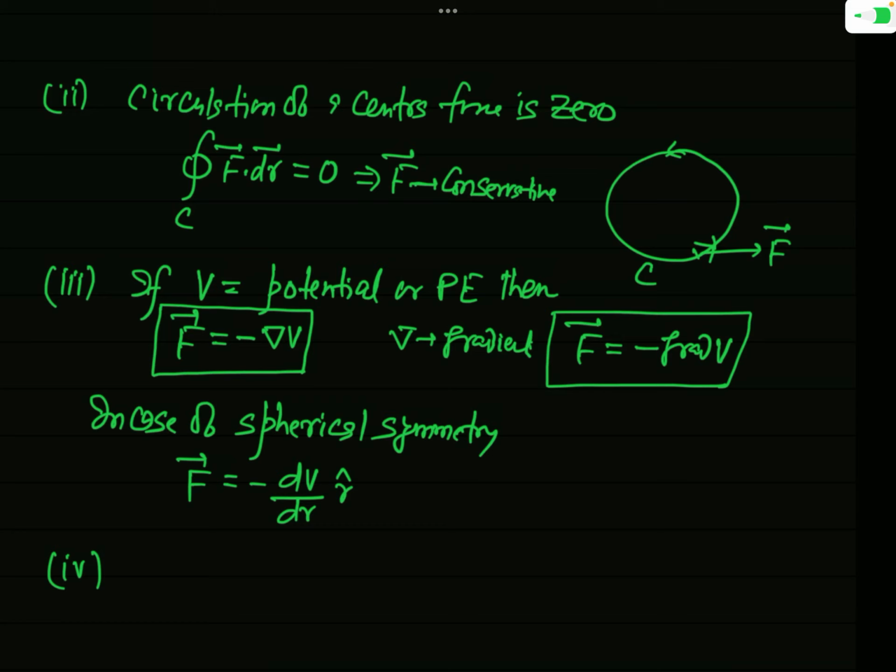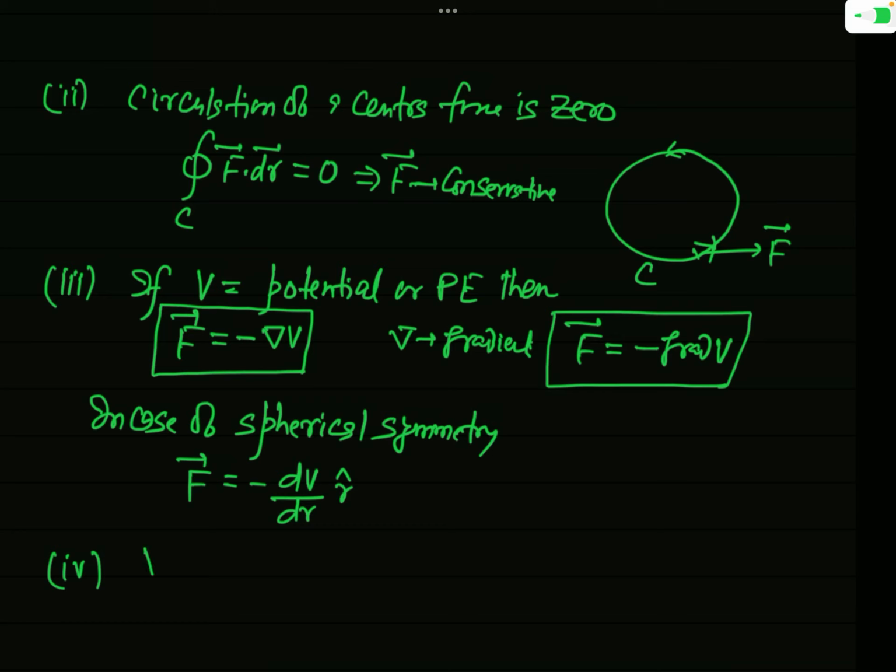Here, for getting the value of central force, you differentiate the potential or potential energy, and so for getting the value of potential energy or potential, we simply integrate this force.